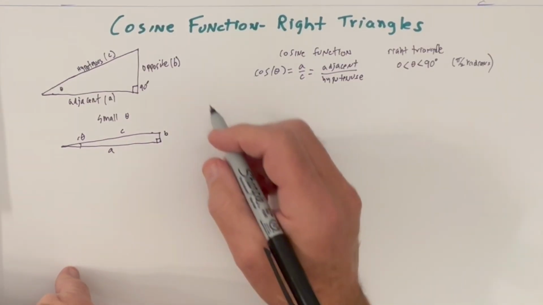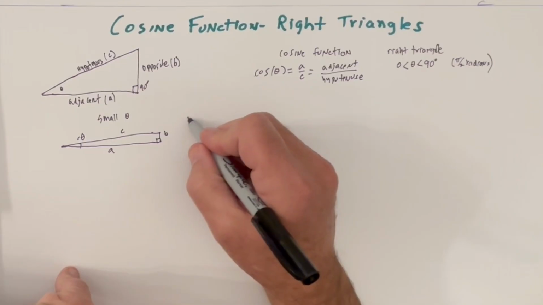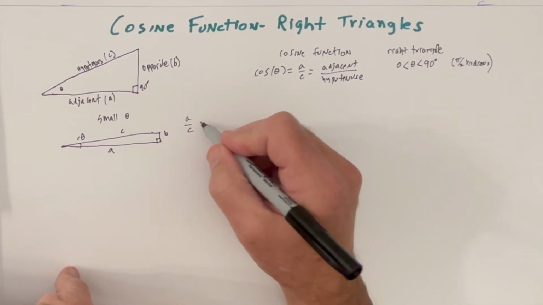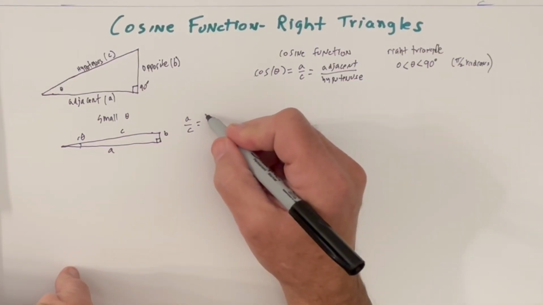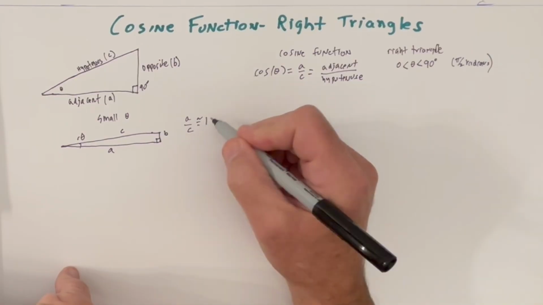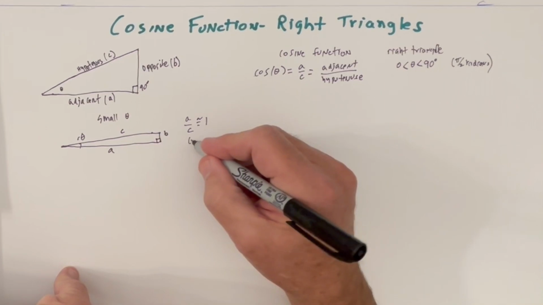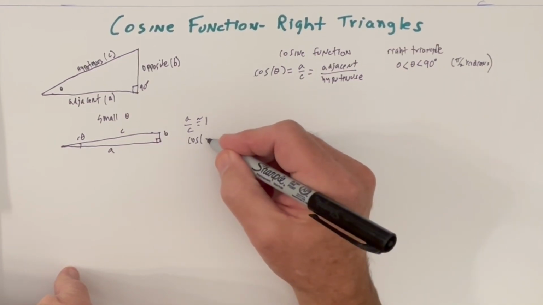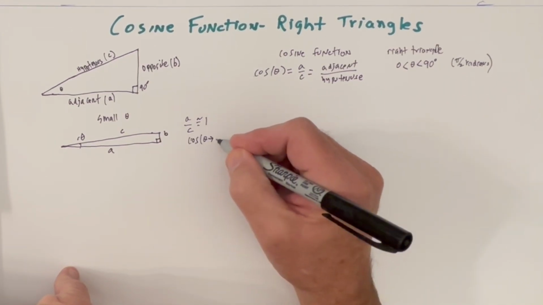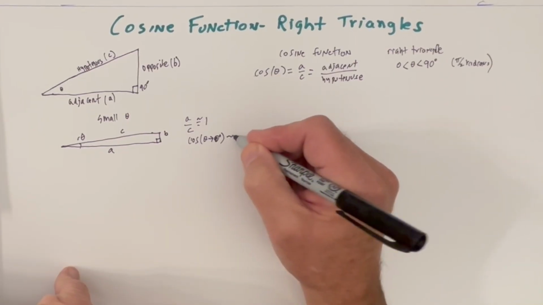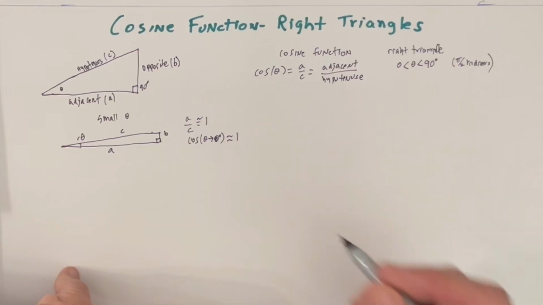So in this case, our definition of the cosine function is A over C. So A divided by C is approximately 1 because they're both long. It's not exactly. So the cosine of theta going to 0 degrees is approximately 1. In that case, that's where it goes to.